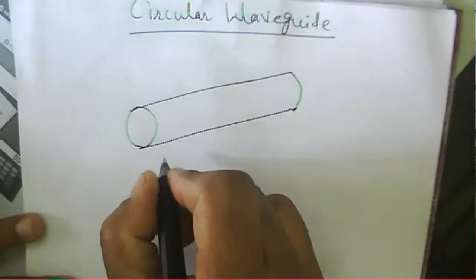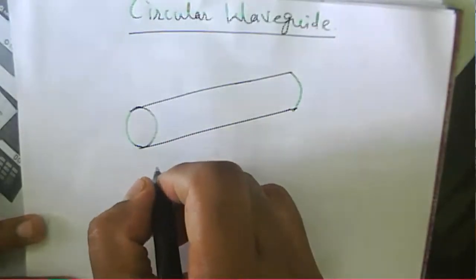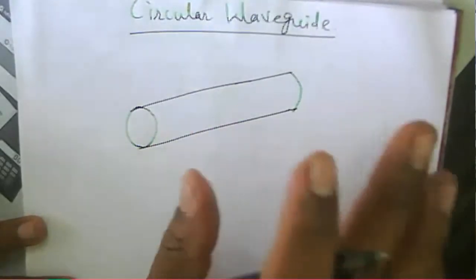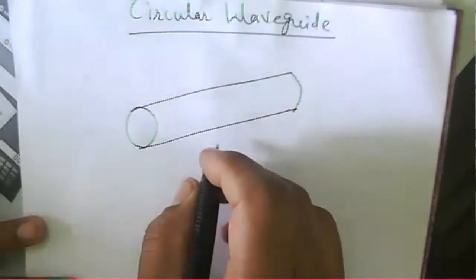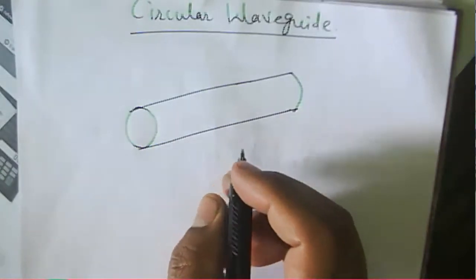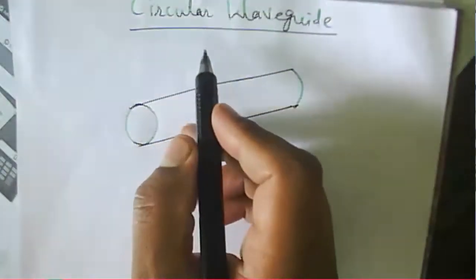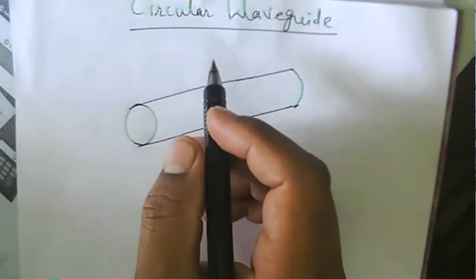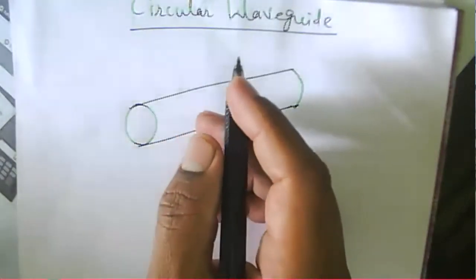So we can consider this particular waveguide for whatever polarizations we are getting, nothing more. All the other expressions, that is TE mode, TM mode, Hz component, Ez component, everything is common with the rectangular waveguide. But the expressions are different here. The procedure and everything is the same.